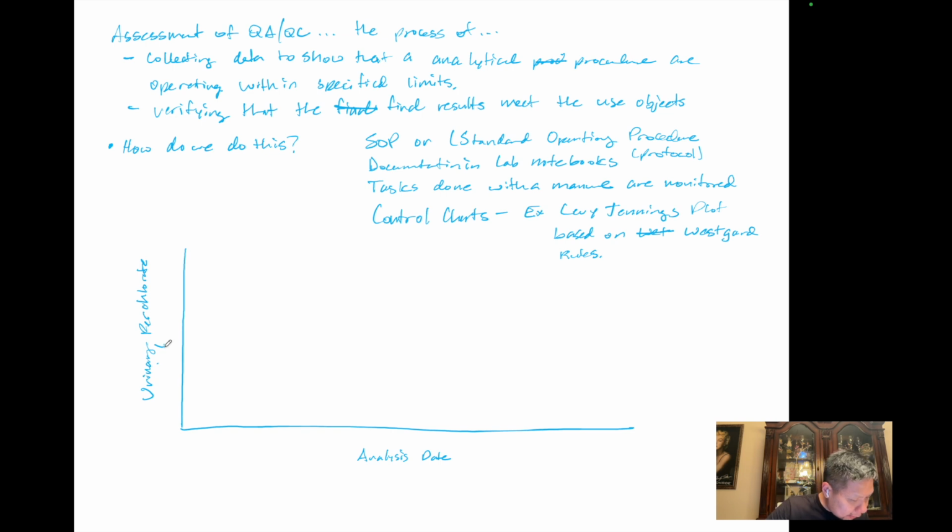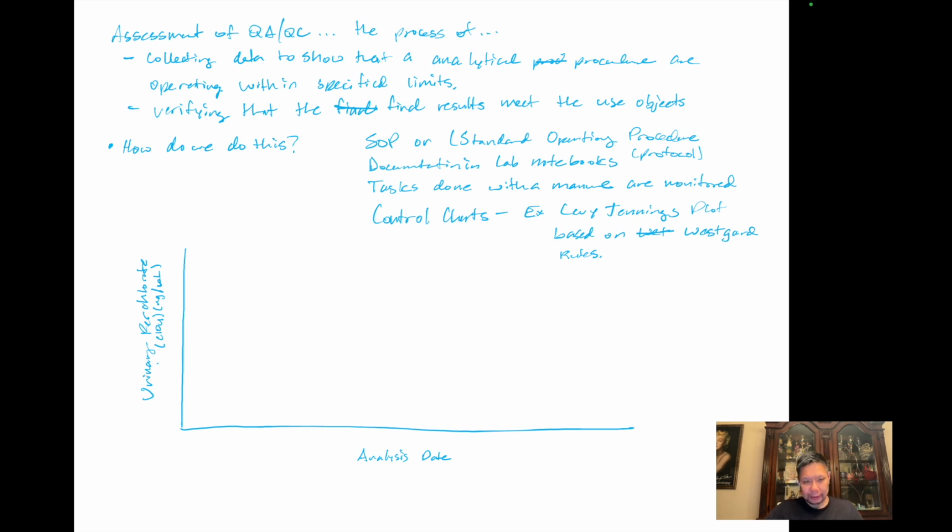And so the unit here is, let's see here, it will be ClO4 in nanograms per milliliter, right?